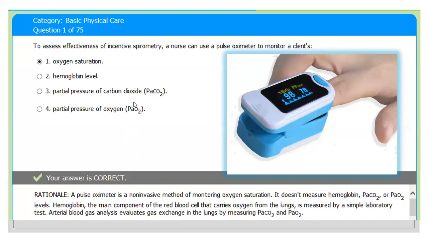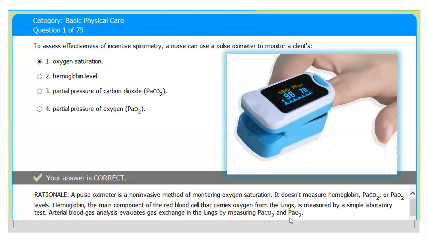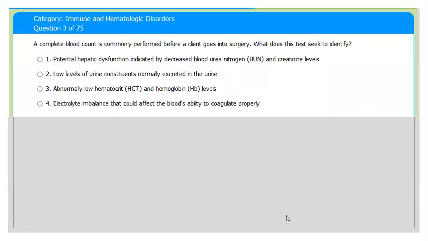So we answered this question, but we learned something more from the rationale. The NCLEX board frequently asks questions on arterial blood gas analysis.